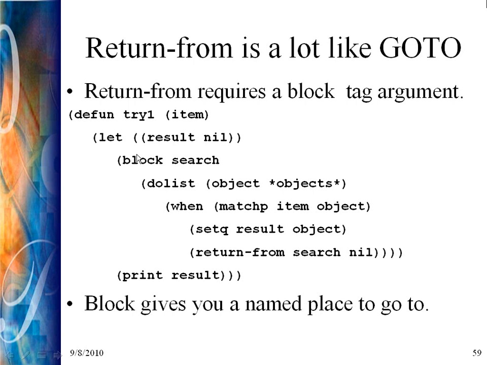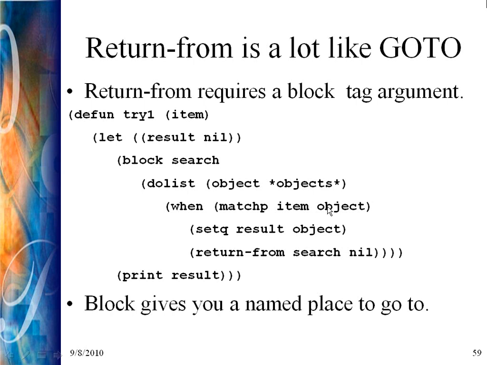So in here we are doing a dolist where we have some global variable called objects, and we're going through them. We need to define the function matchp, but just consider it to be EQL or something.